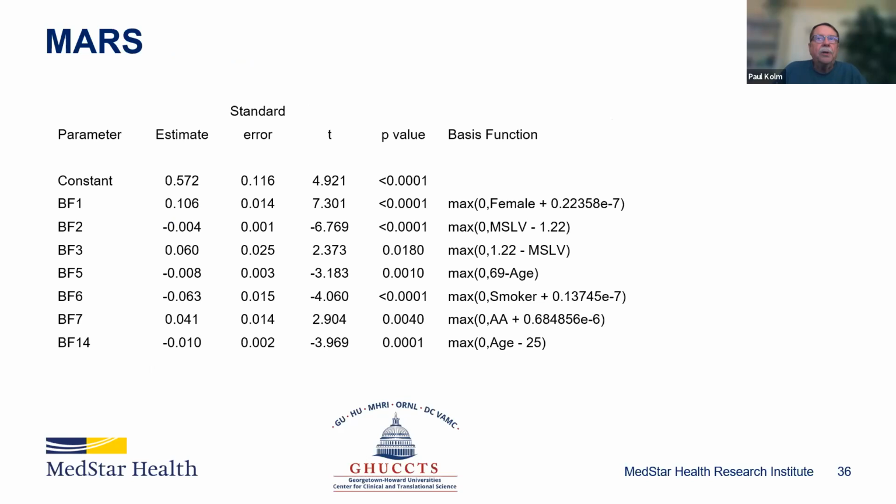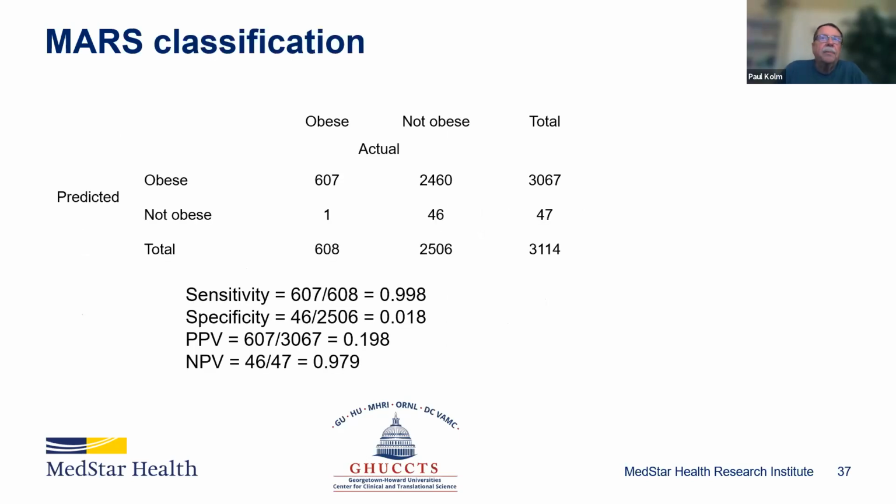And so if we do the same thing in MARS, notice we have fewer basis functions, but we still have the same variables. And now if we do our classification matrix with MARS, using those variables, we get really great sensitivity.